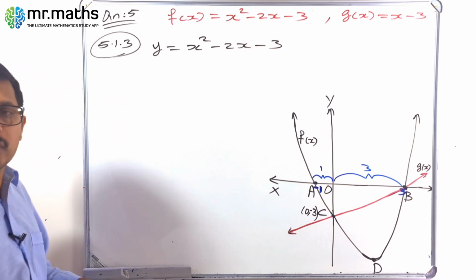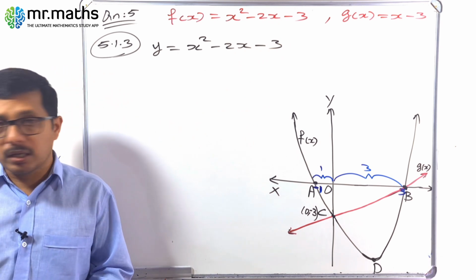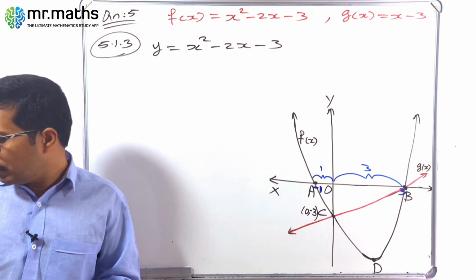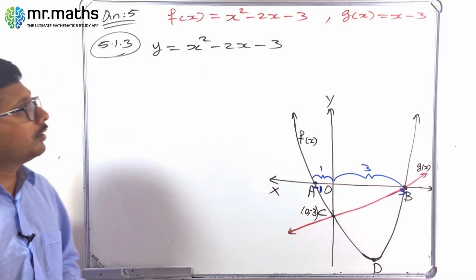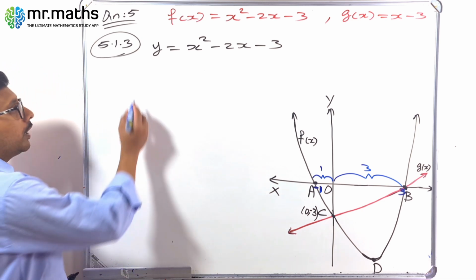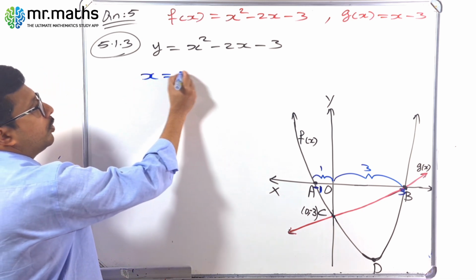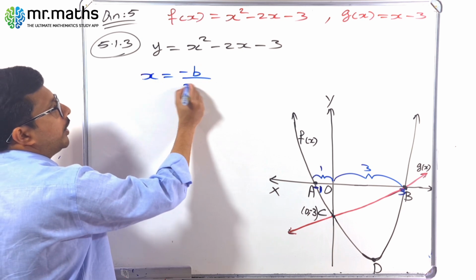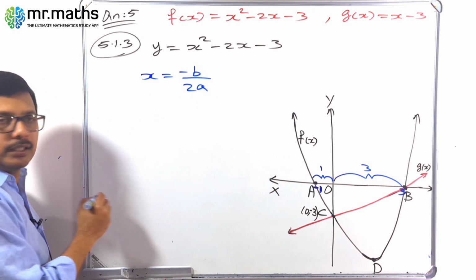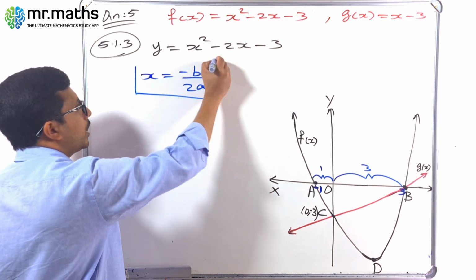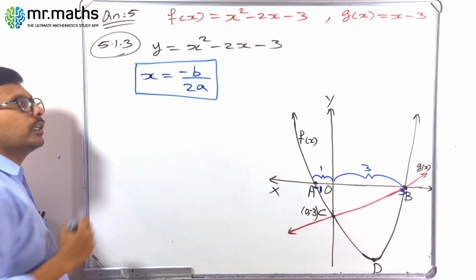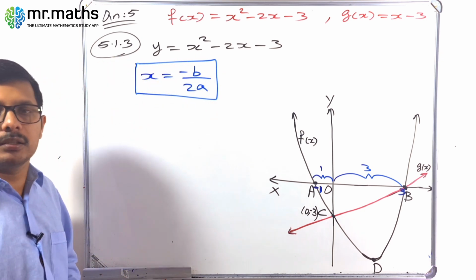How can you find the coordinates of D? There are different methods. What is a simple method? Maybe you studied a formula like this: x is equal to minus b divided by 2a. If you remember that formula without any mistake, it will give you the answer simply.